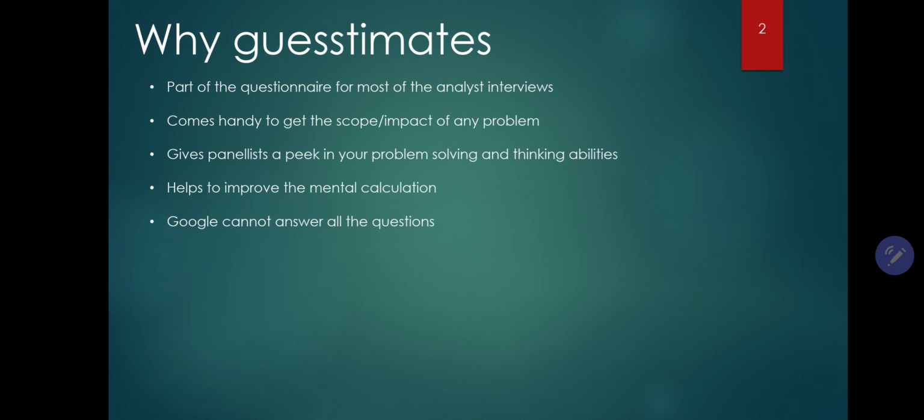Now next comes the second point, which is why we need guesstimates. The major use, or I would say a criterion, is to select candidates for analyst jobs in interviews. It is a part of their questionnaire. Another reason is that it comes in very handy to get the scope or impact of any problem.